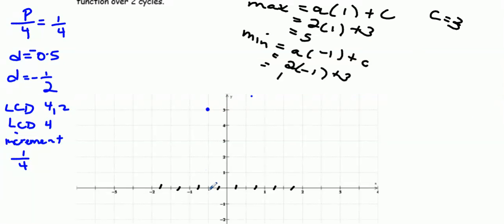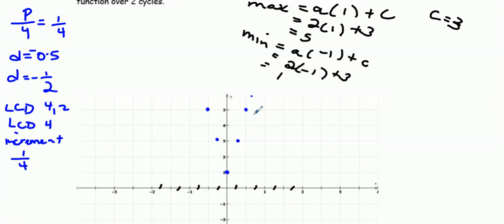And then I'm going to go from my max to my equation of my axis, which is C equals 3. I'm going to do that over my quarter period, and my quarter period is 1/4. So that means I'm only going over half a square here. So I'm going to go down to 3 over half a square. Then I'm going to go down to my minimum, which is 1, over another half a square, which represents 1/4.